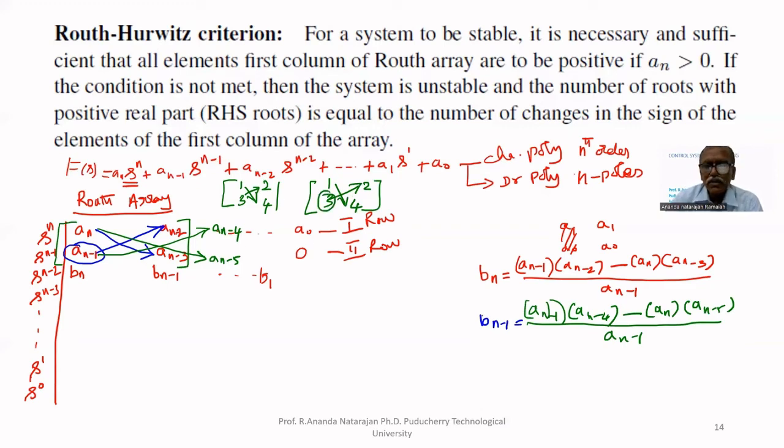So how to find the next element? bn minus 2 is equal to, again, an minus 1. The same element we have to take. Next element is an minus 6.